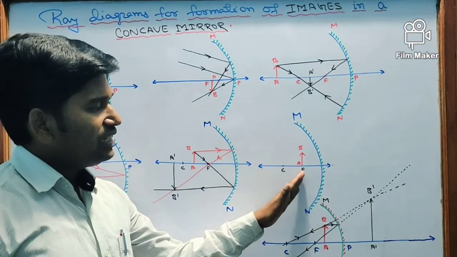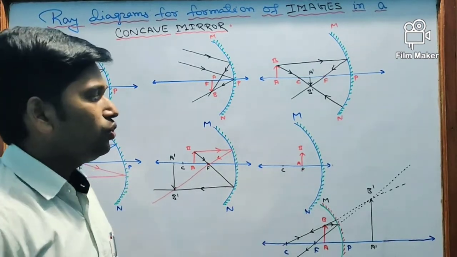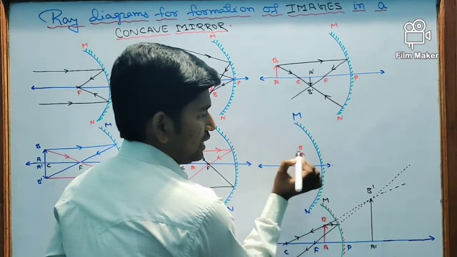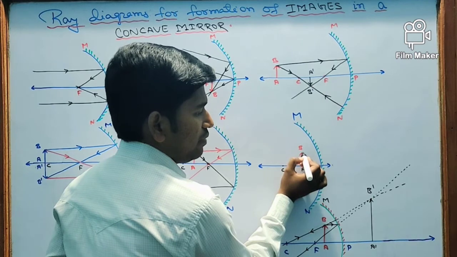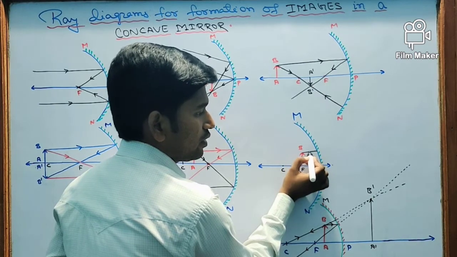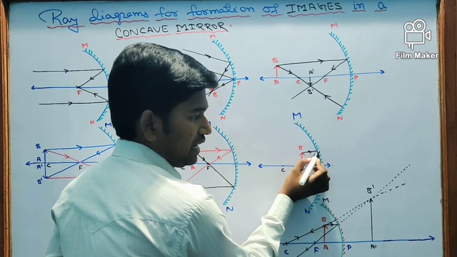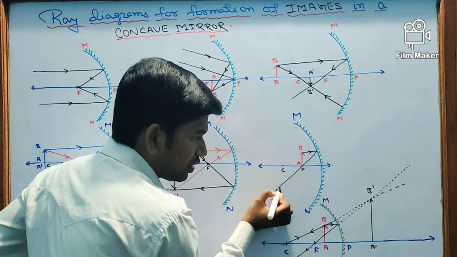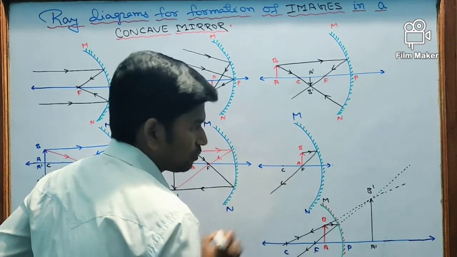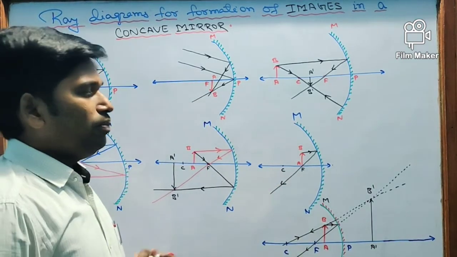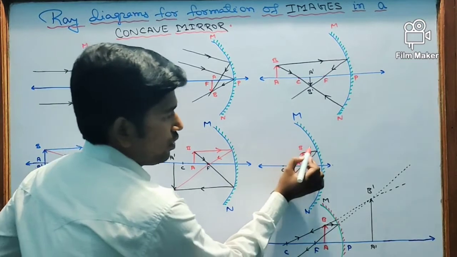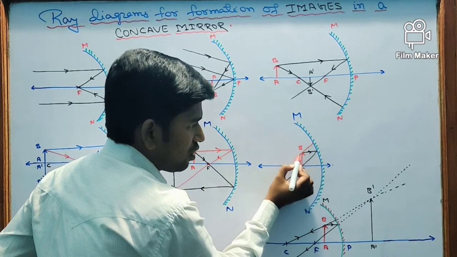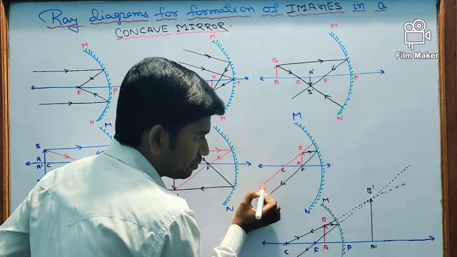Now let us see the next position. When the object is at focus, we will take again at least two rays. The first one is parallel to the principal axis, so it passes through the focus. One more ray we can take, which is incident on the center of curvature.